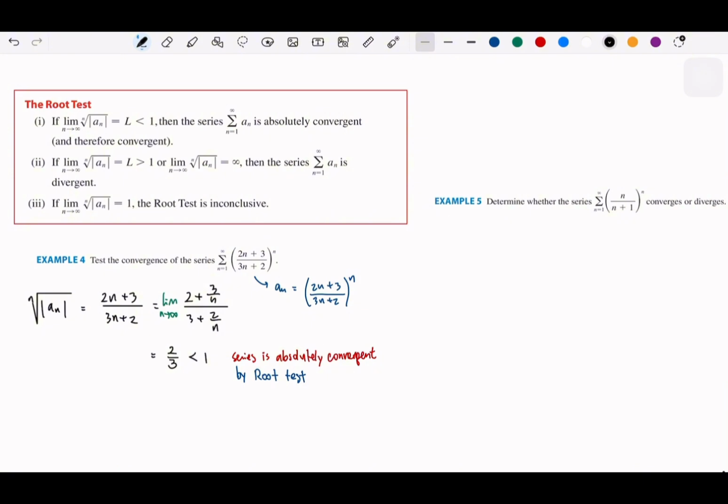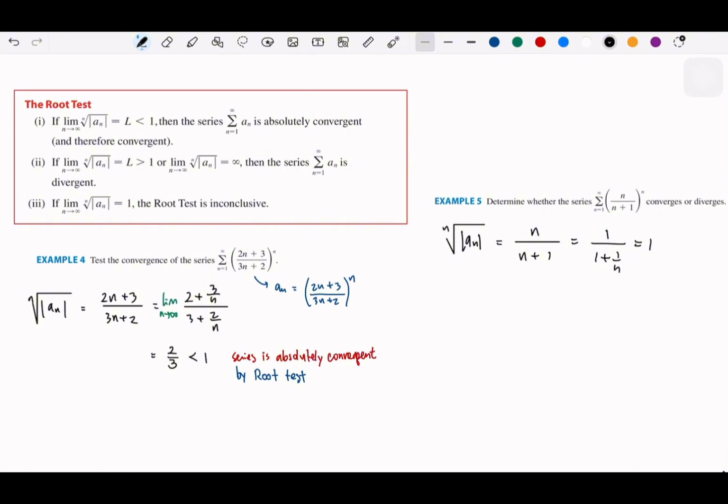So we could take the root with power n, which gives n over n plus 1. It seems that this will equal 1, which is inconclusive.